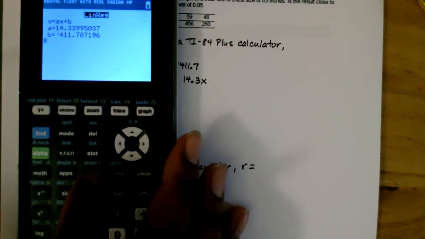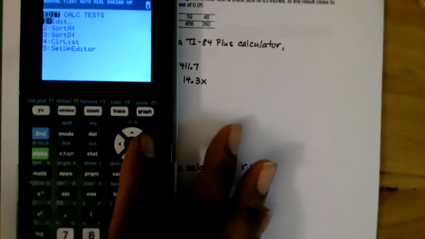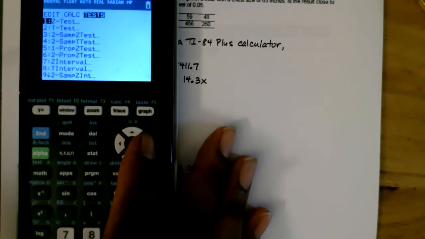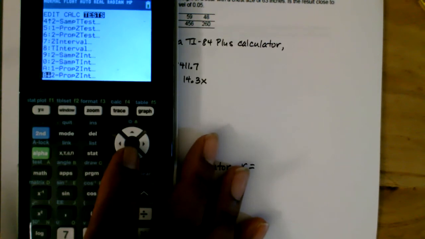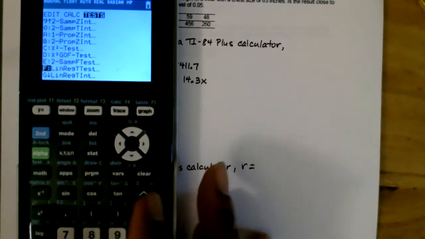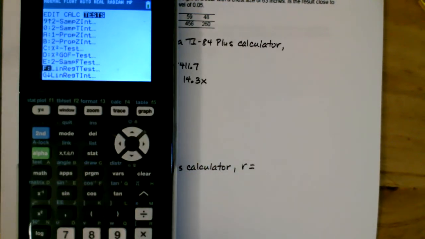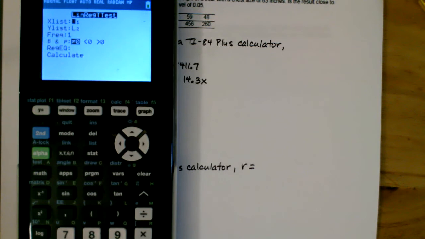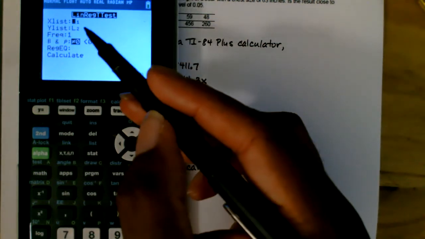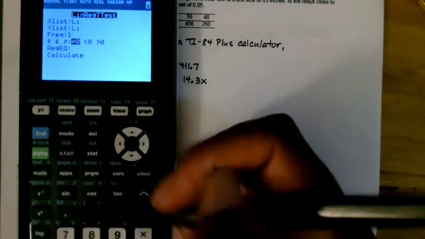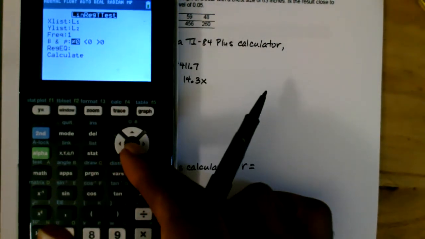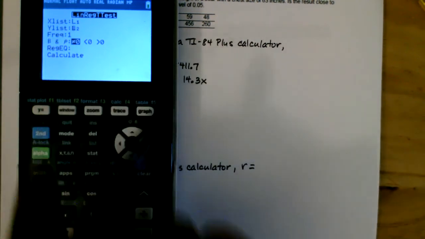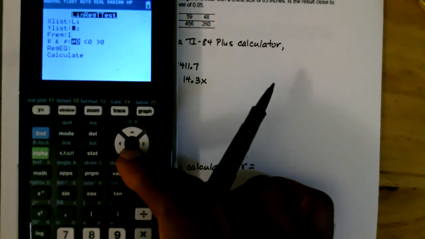To do that, we press stat, go over to test using the right arrow key, and go down using the down arrow key to the menu item LinRegTTest. Here it is. Press enter. X list should always be L1, so you might have to do second and number 1 for L1. The Y list should always be L2, so you might have to do second and L2 for that.